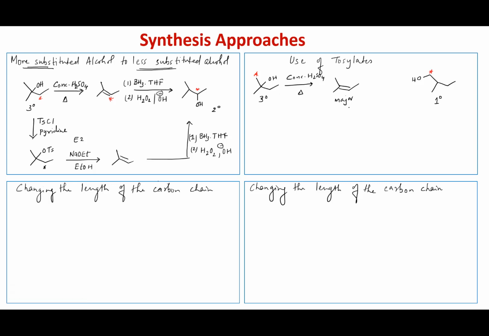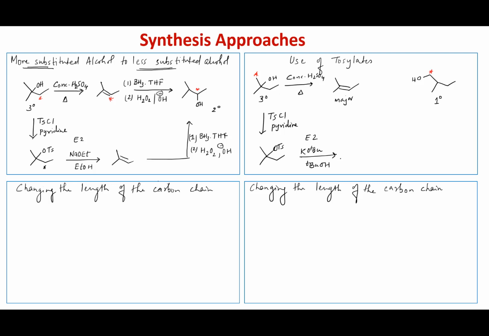So we could take a longer route, and we'll come back to that, but doing the tosylation route, tosyl chloride with pyridine, is advantageous here, because once I convert it into the tosyl ester, realize that behaves very much like a halide, so I could now do an E2 reaction, but I'm going to use a bulky base here.